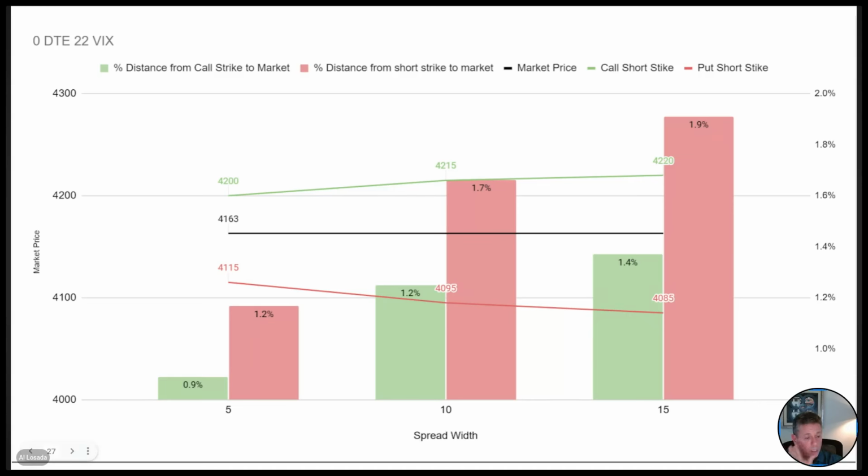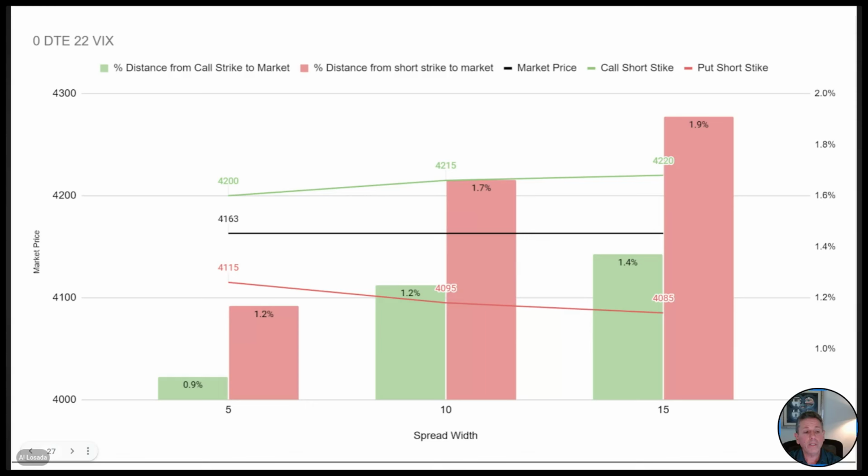You can see here that the 5 wide is basically 1% on the call side, and 1.2% is on the put side.